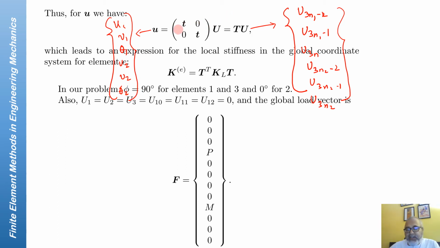This entire matrix that transforms all the local degrees of freedom to the global degrees of freedom is written as capital T, as in the case of the truss.